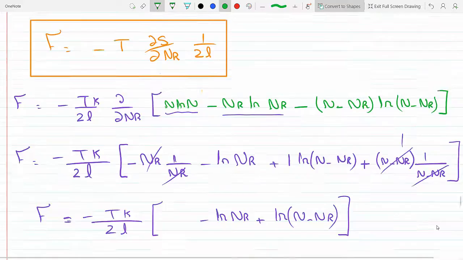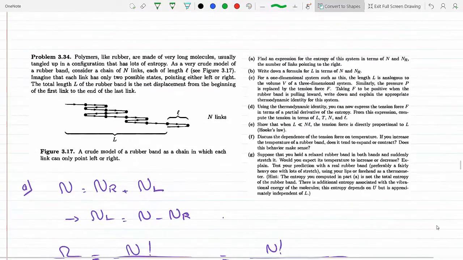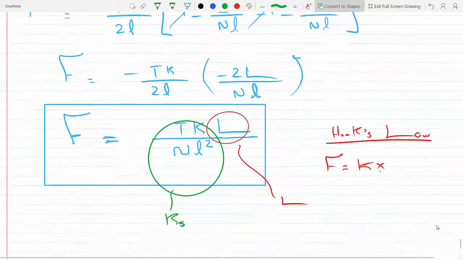Okay, let's go through the last couple parts. It says, discuss the dependence of the tension force on the temperature. If you increase the temperature of a rubber band, does it tend to expand or contract? Does this behavior make sense?